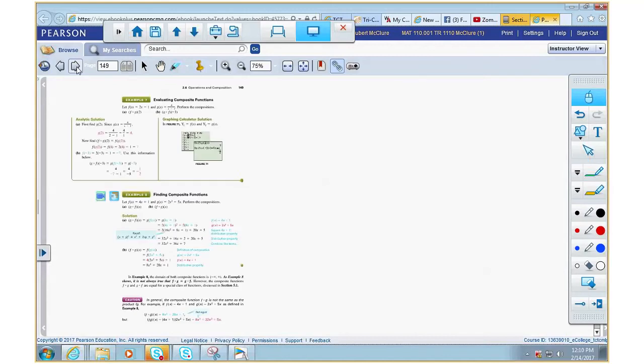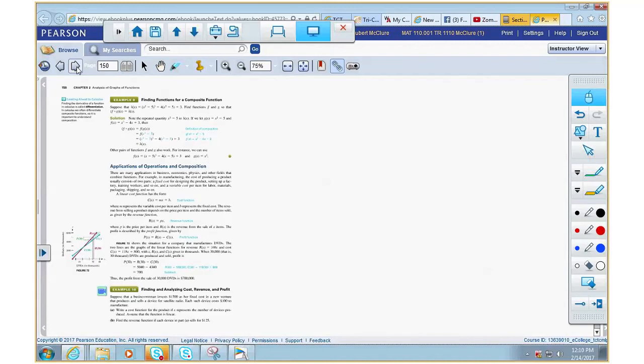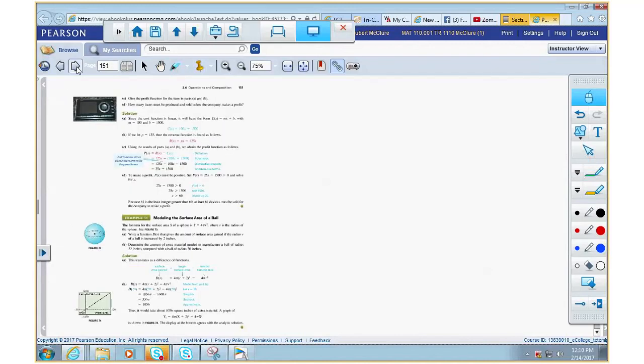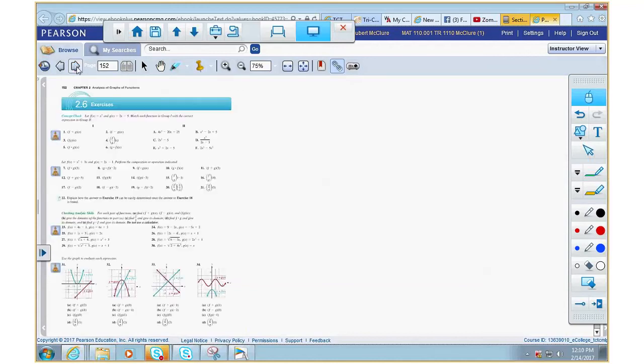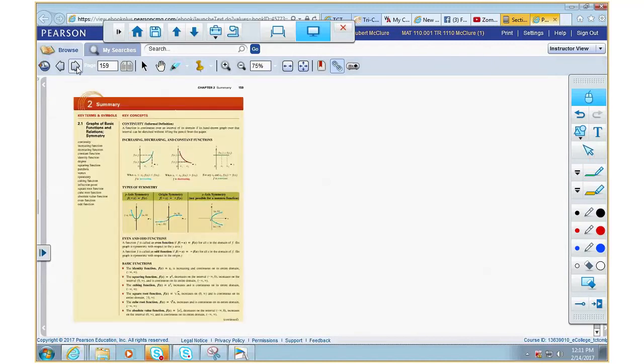Composition of functions, we covered that. And you should be able to compose a function. And then that's the end of chapter 2 pretty much. Yep. Well, I think after that you move into chapter 3. As soon as I can find it. Yep.